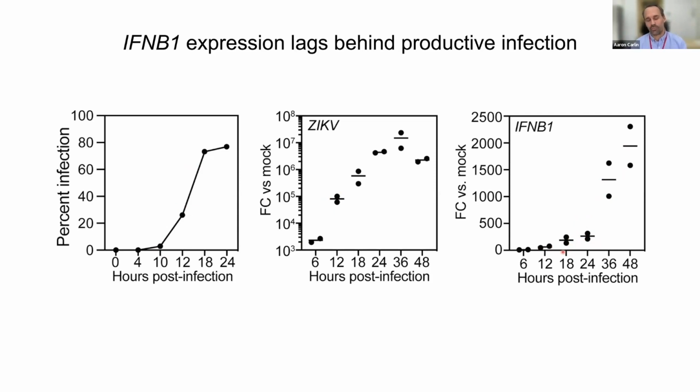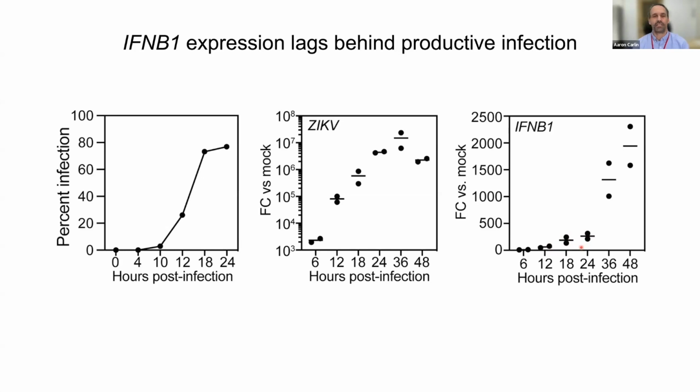And this is critical: if you treat these cells early with interferon exogenously, at 6 hours or 4 hours post-infection, you can block infection completely. The fact that the virus is able to delay this response until late allows it to propagate in the infected DCs.